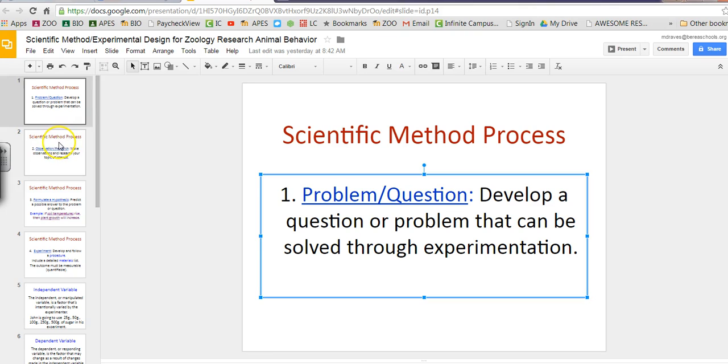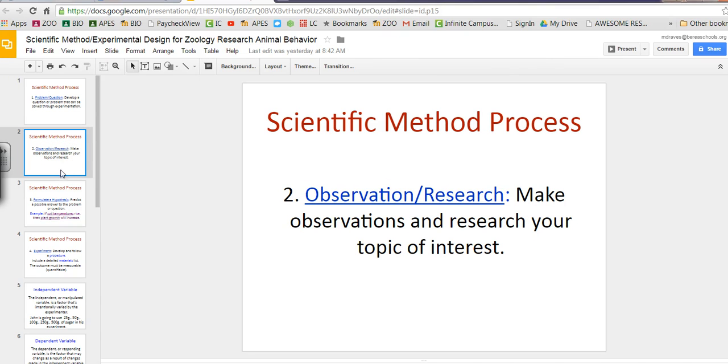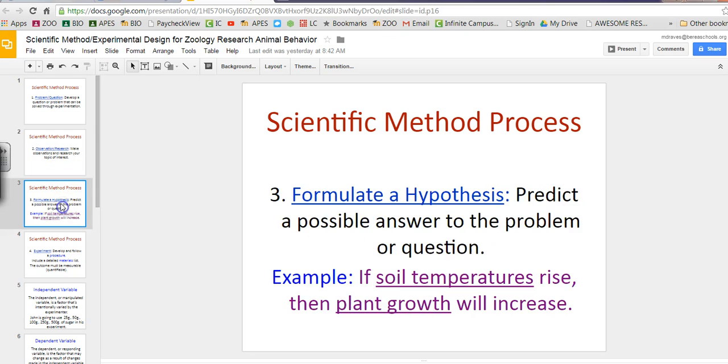So when you guys do your investigation, you want to be able to answer a question through running an experiment. You make observations about what you question, and you formulate a hypothesis about it. You want to predict what the possible answer will be to the problem.